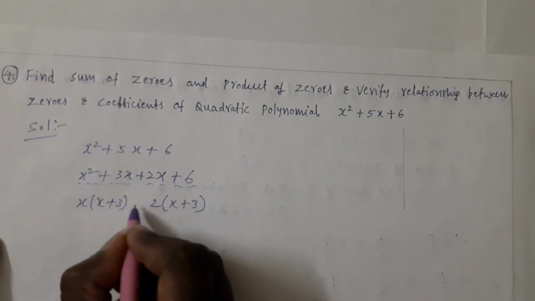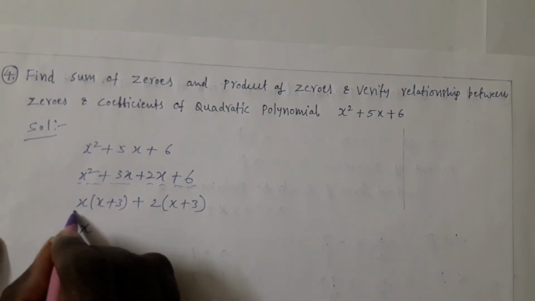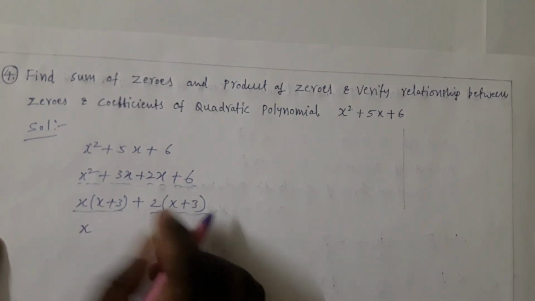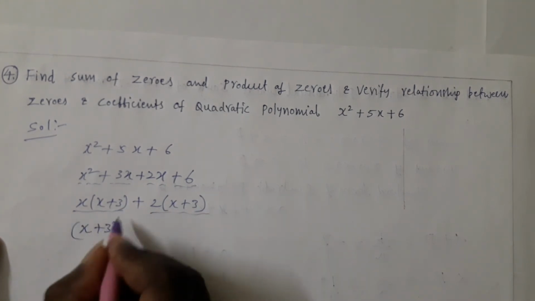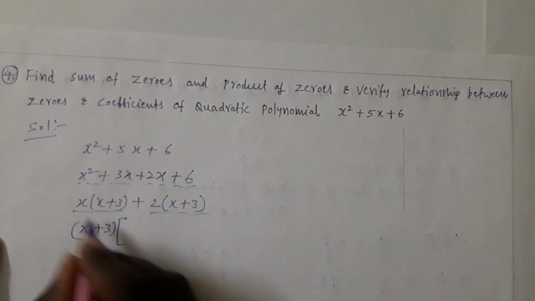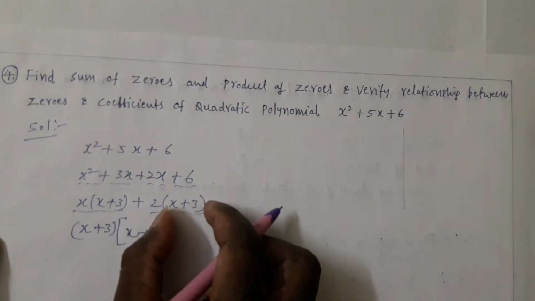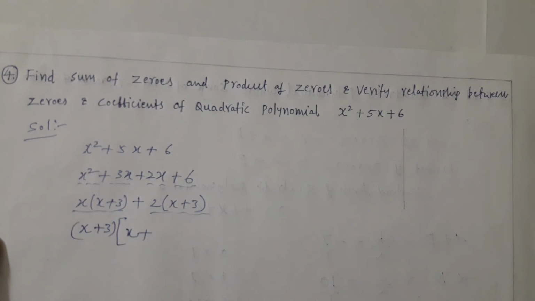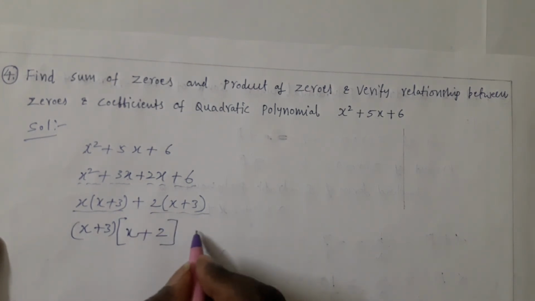So plus is there. Here this is one part, this is one part. What is the common? X plus 3. So x plus 3, and here we taken this as common, balance is x plus 2. So equal to 0.